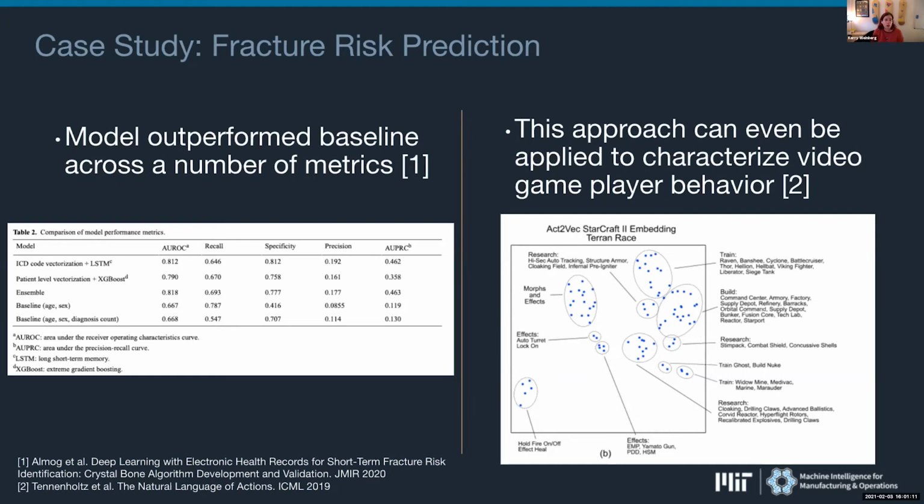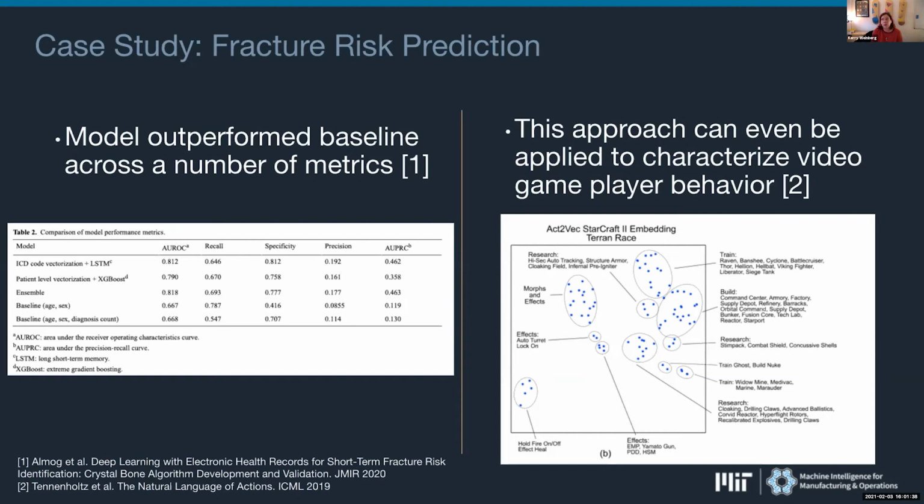We also compared our model to a number of baselines using just age and gender. Age and gender, frankly, is usually highly performant because fractures are more common in postmenopausal women due to declines in estrogen. So there are biological reasons why they're more prevalent. Even just using age and gender, you can get a not terrible performance, but we definitely see a marked improvement in the model over those baselines.